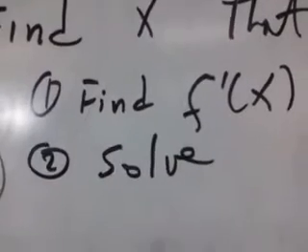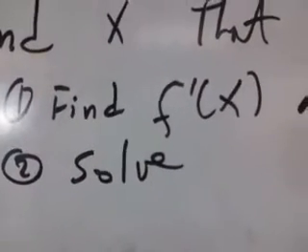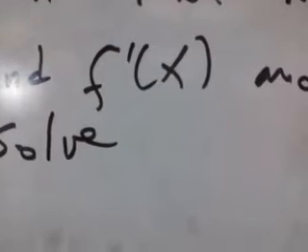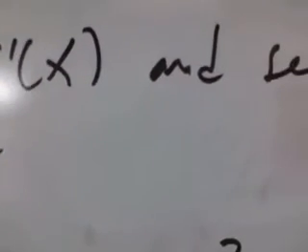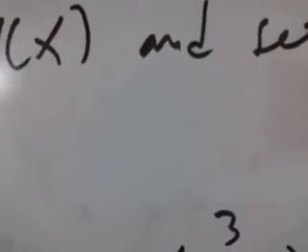Now, if you have horizontal tangents, that means that the derivative is 0. Remember that the first derivative represents the slope. If you have a horizontal line, the slope of the horizontal line will be 0.